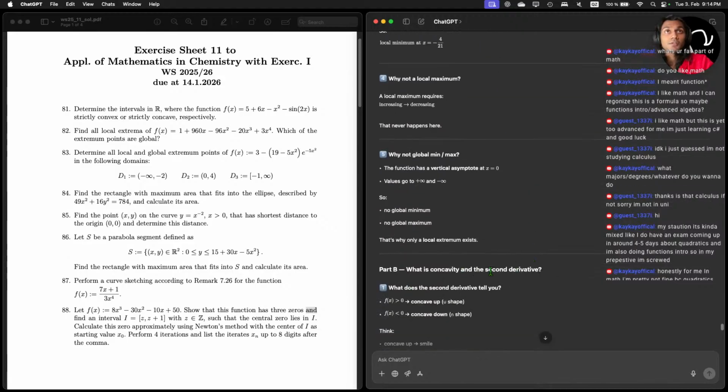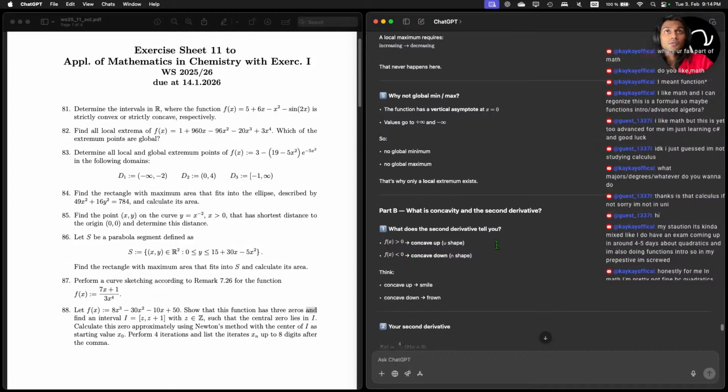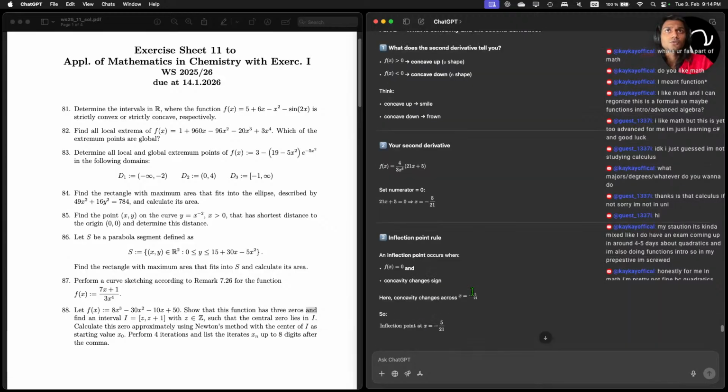What is concavity and the second derivative? What does the second derivative tell you? U-shape, concave up; concave down. Set the second derivative numerator equal to 0, x equals minus 21, inflection point rule.